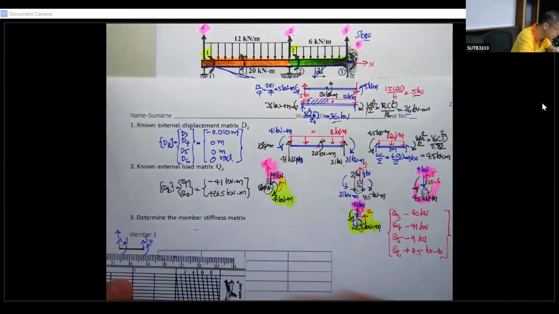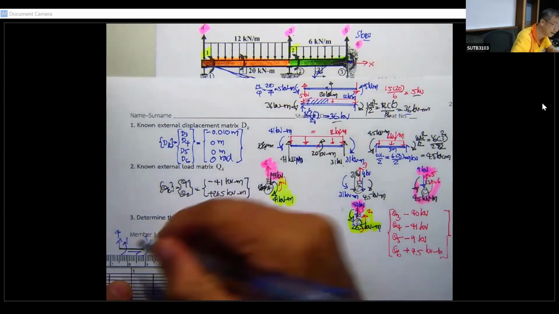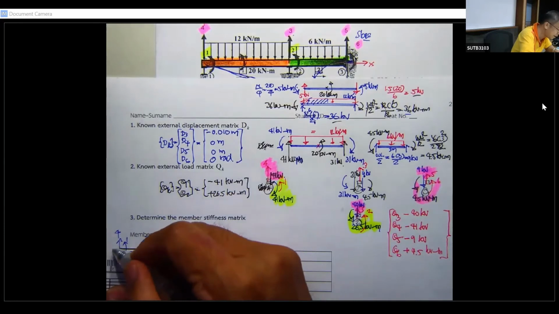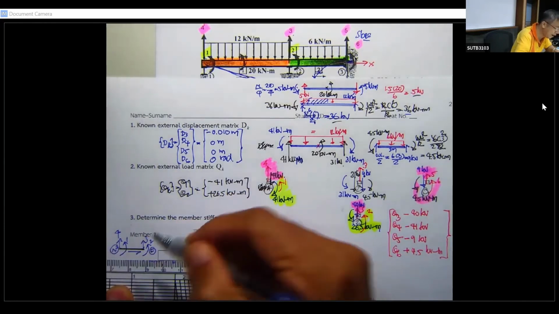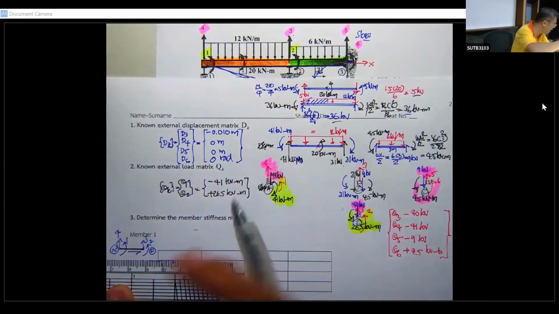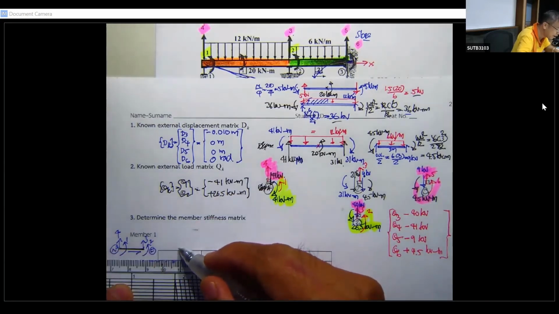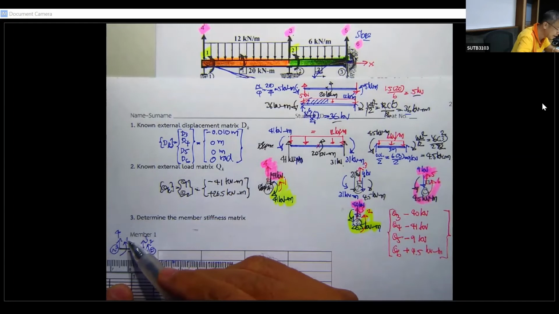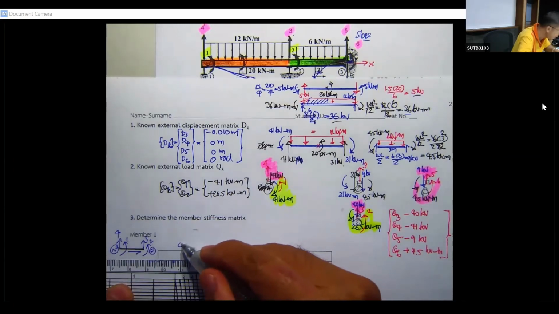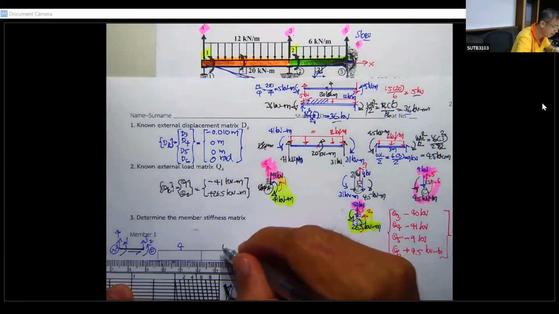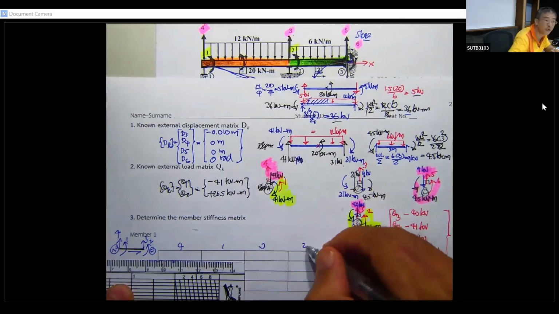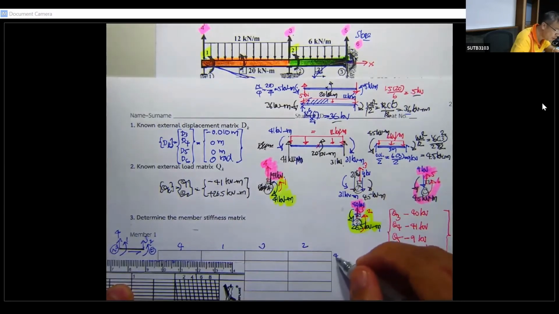That means by doing this direction for the near end and far end, the order of the degrees of freedom is going to be 4, 1, 3, 2.